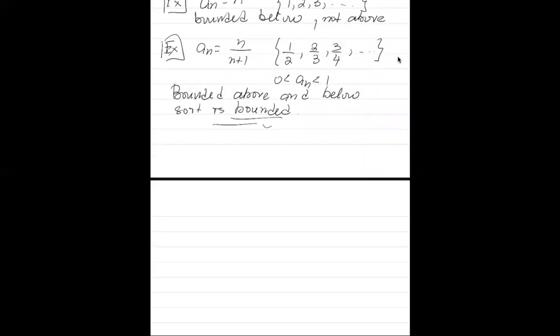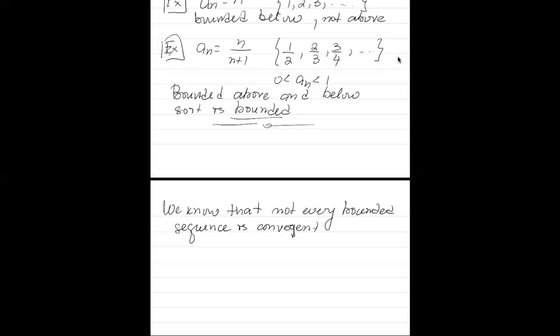All right, so we know that not every bounded sequence is convergent. Let's look at an example for that. A sub n equals (-1) to the n.